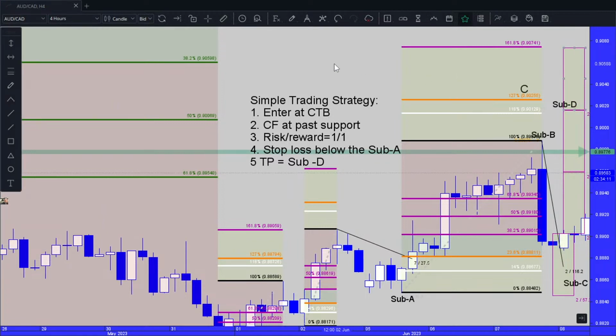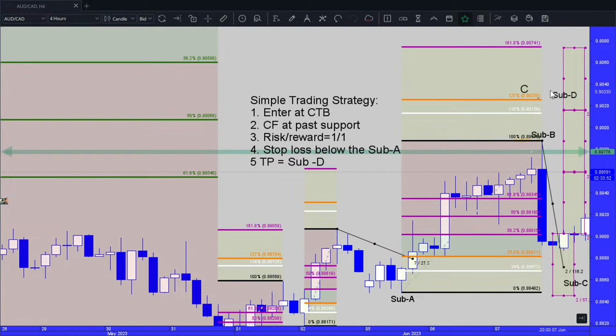Wow, nice, right? If the daily shortened uptrend is confirmed too, I don't have any rules, Julius, about the daily uptrend. Where is the sub-D extension? Up in here.